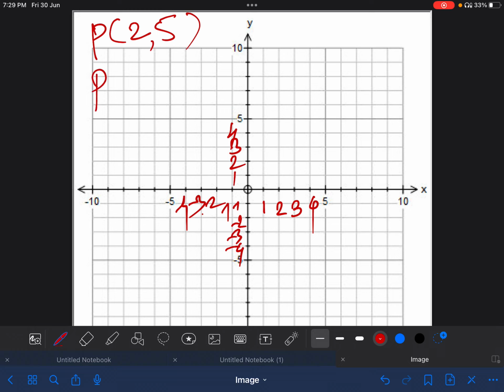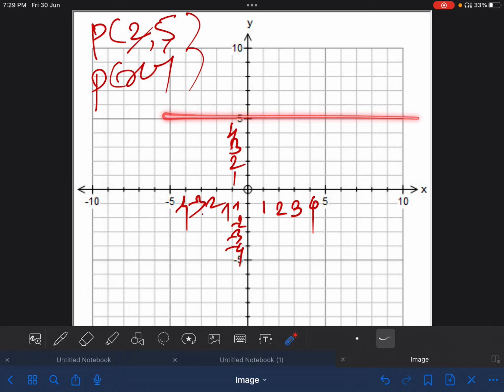The point is always represented in the form of X and Y. Whatever the first number is, this is the value of X. Whatever the second number is, this is the coordinate of Y. Let's see 2 and 5. How to draw the graph? Consider the x coordinate, which is 2, and the y coordinate is 5.